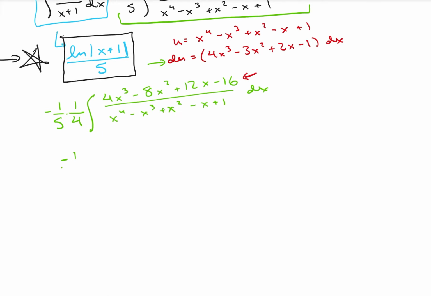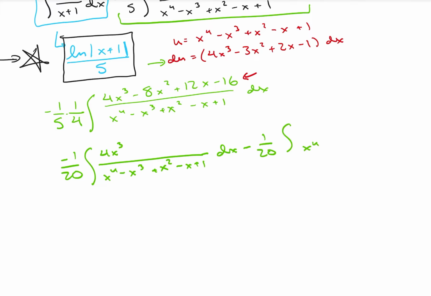I'm going to have negative 1 over 20 times the integral of 4x cubed, and this is all going to be over x to the 4th minus x cubed plus x squared minus x plus 1. But I'm going to separate this, and I'm going to have a term over here as well. So minus x cubed plus x squared minus x plus 1. And you notice that these are the exact same denominators.